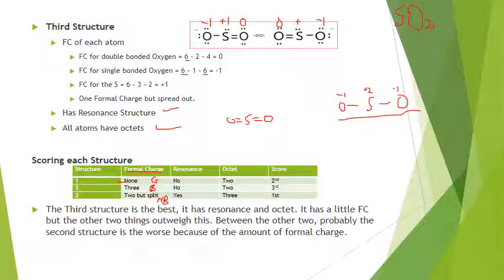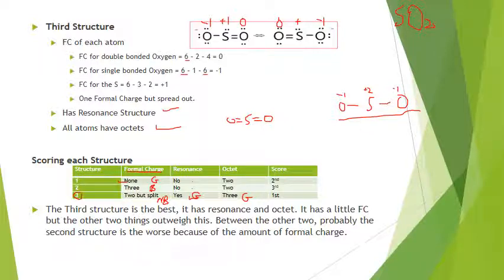In terms of resonance structure, the first and second structures had no resonance structure, and the third structure had resonance structure, so this is really good. In terms of octet, the first 2 structures had 2 octets, and the third one had 3 octets, so this is good.